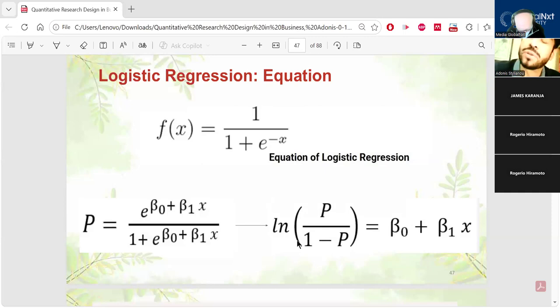And this is really what we need to be a little bit careful about, because now you don't have a continuous variable to be your dependent variable.